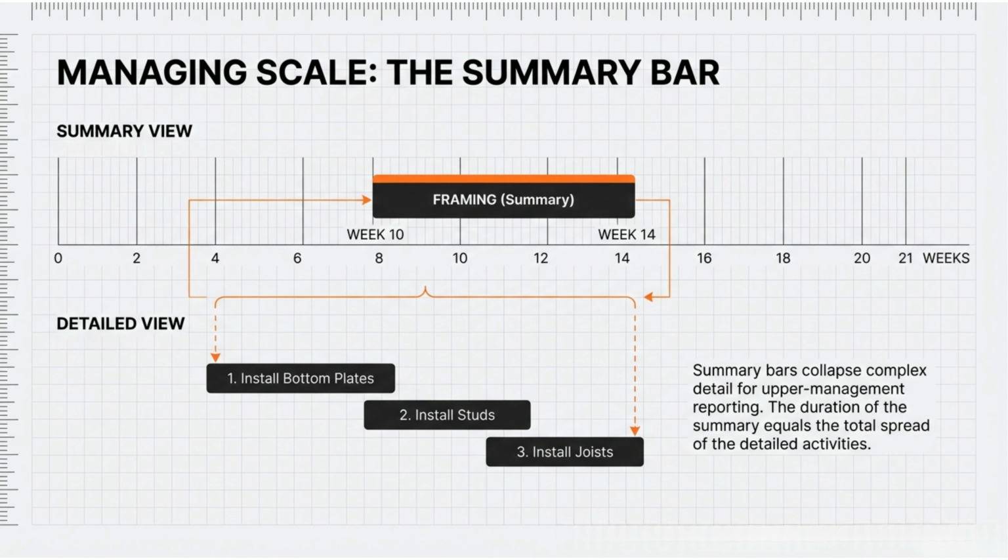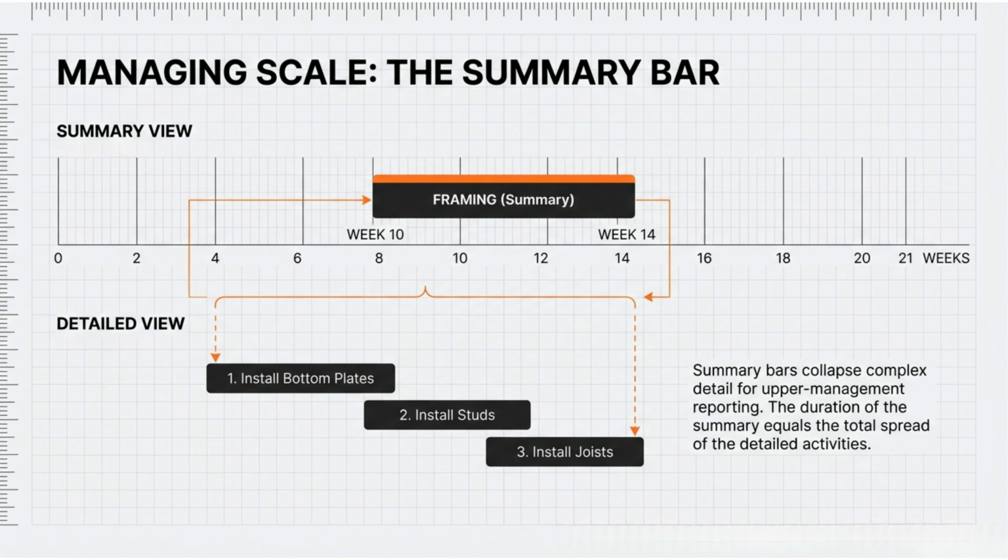Here's a practical problem. What happens when your project has not 7 activities, not 70, but 700 or 7,000? You cannot show all of them on one chart without the whole thing becoming a wall of tiny bars that nobody can read from more than 30 centimeters away. Enter the summary bar.